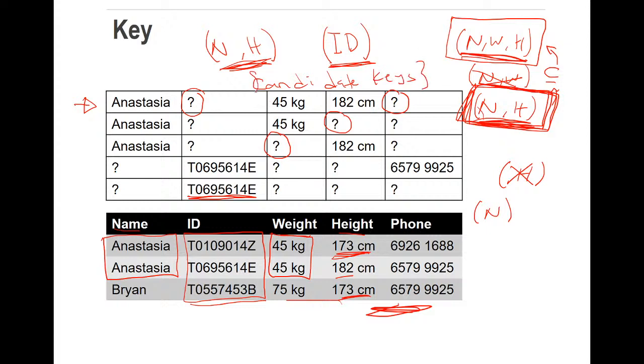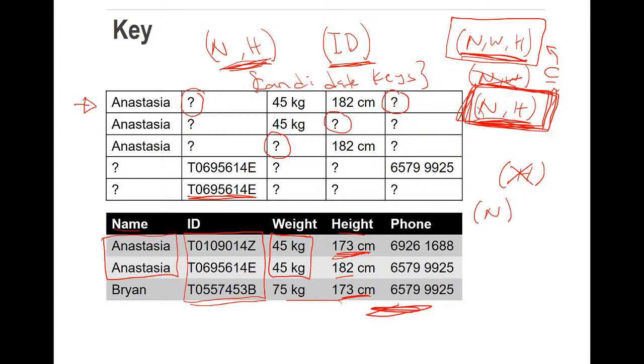Why are they candidate keys? Because technically any one of them that we choose can be the primary key. So the notion of primary key is basically a candidate key that we choose to be the key that we want to enforce in the database. So primary key is basically your own choice.